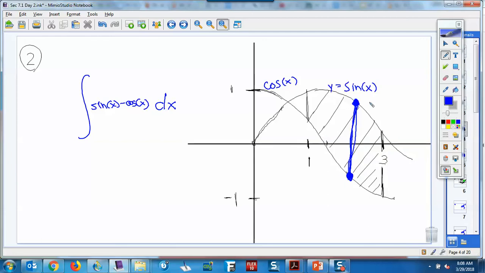The top y values are all sine x, and the bottom y values are all cosine x. You subtract those, you get the height of that strip, you multiply that by the width of that strip, or the dx, and let the integral add those up from 1 to 3, you've got the area of that region.